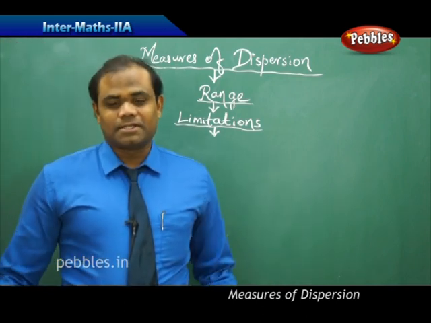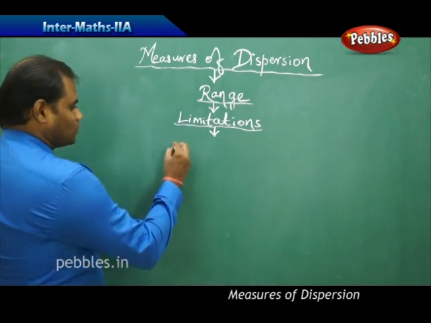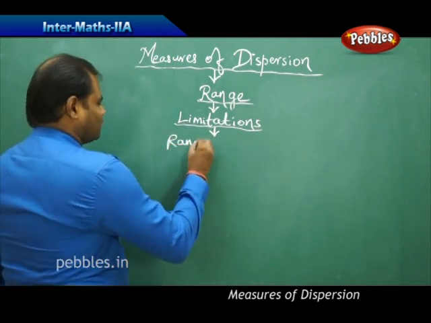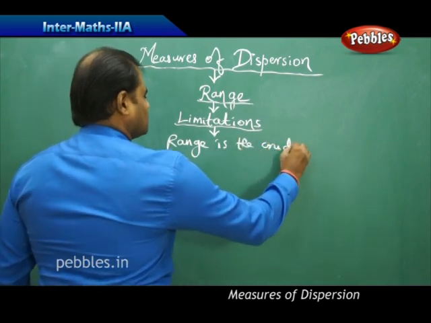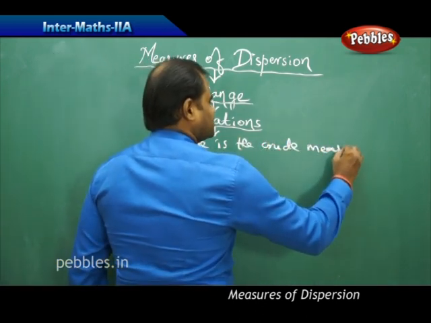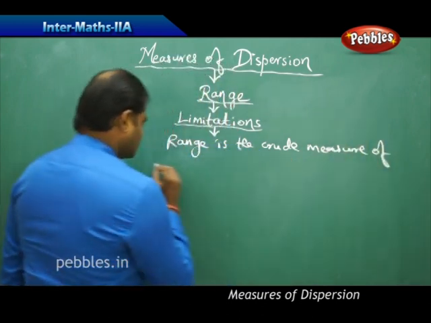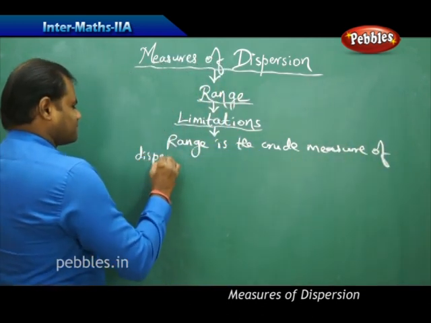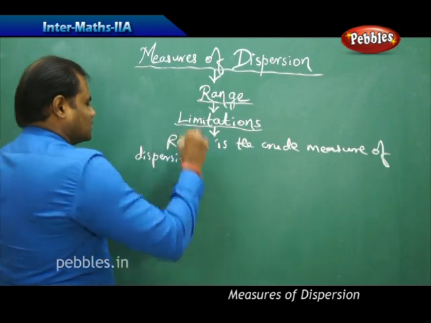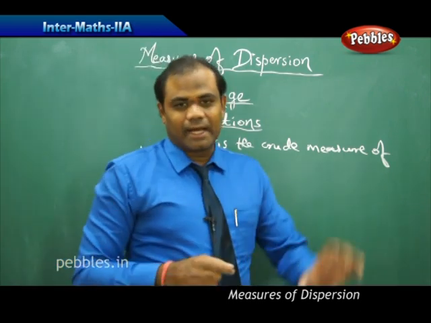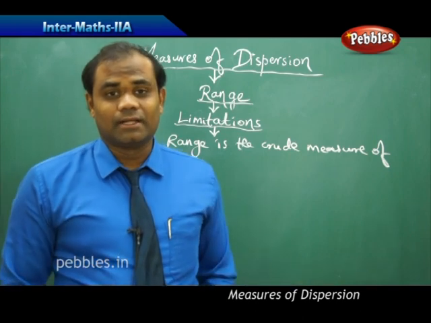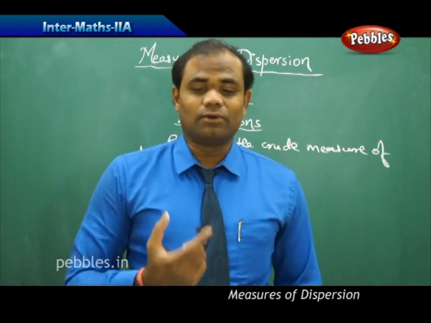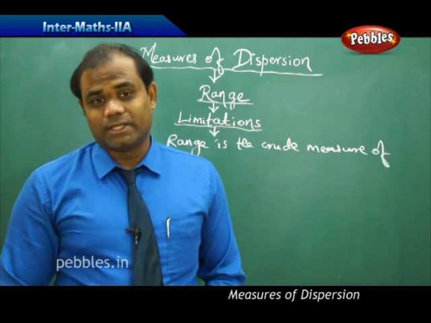Range is said to be a crude measure of dispersion, because as we understand, range is the highest minus the lowest value. We are not justifying the whole of the data by considering all the data, but only the highest and the lowest.